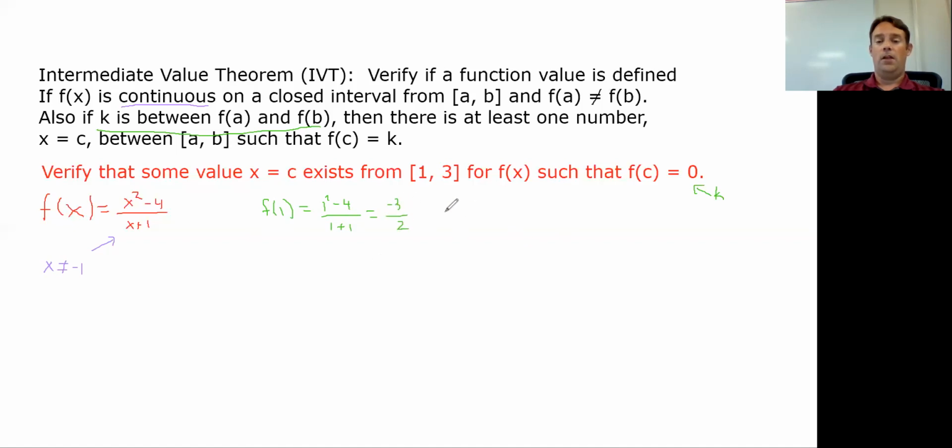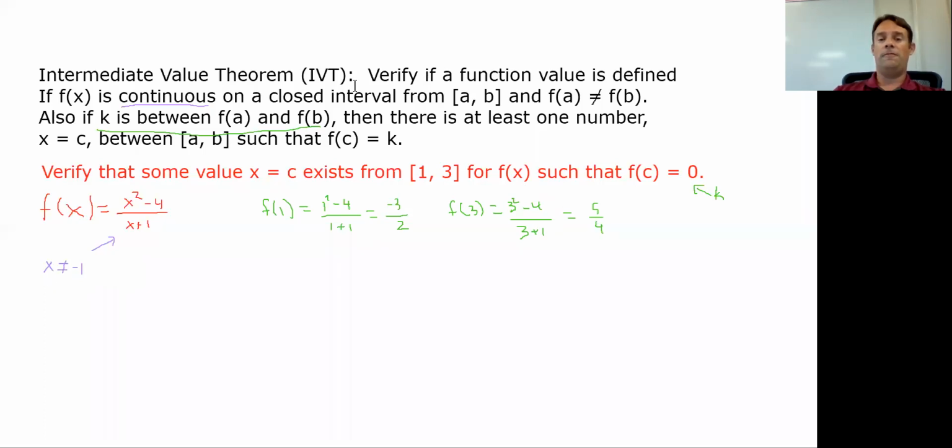If I plug 3 in here, I get 3 squared minus 4 all over 3 plus 1. And when I solve that out, I get 5/4. So I'm going from a negative value to a positive value. Well, of course, 0 is between a negative value and a positive value.